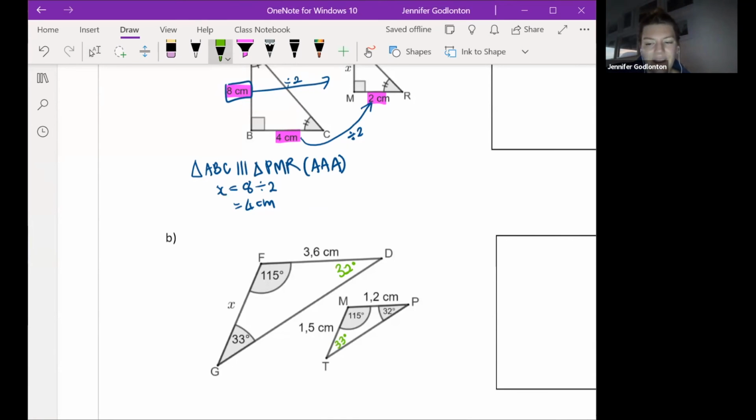So now I want you to think about what that sentence would look like. How would I say that this one triangle is similar to the other? And then I want you to think about your sides. And I want you to tell me what my value of X is going to be.